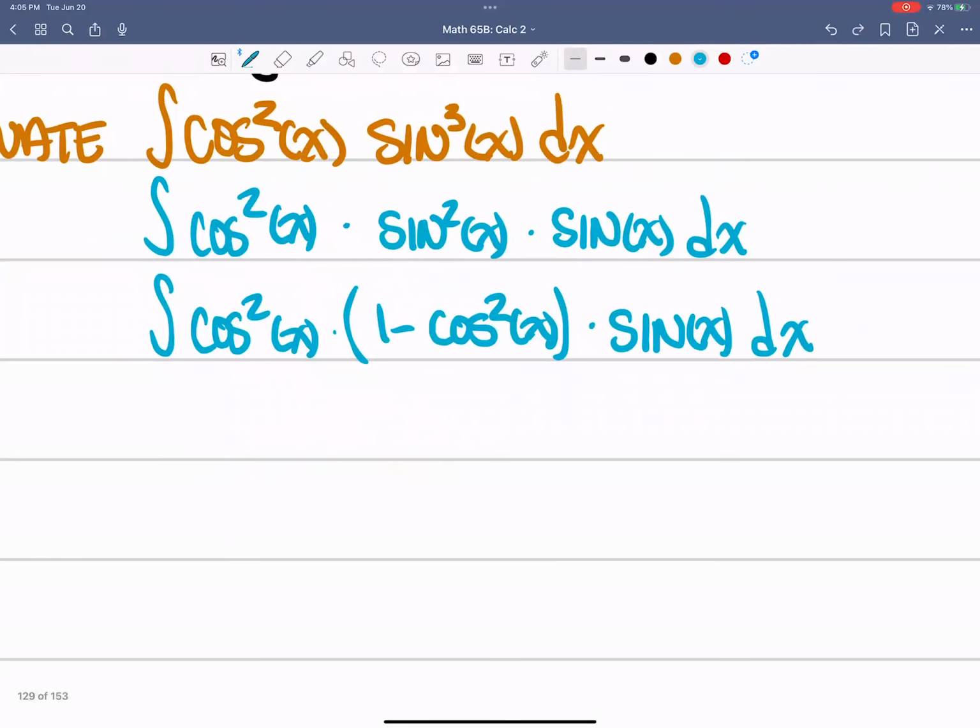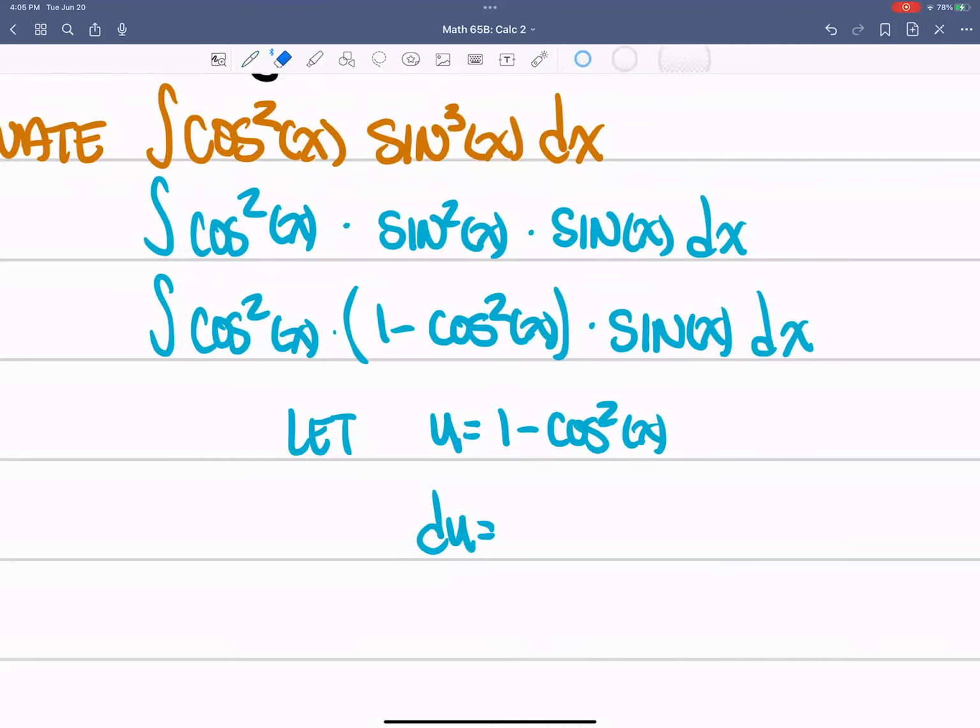So now we could let u equal 1 minus cosine squared x. So du is going to be equal to, oh, I lied. Let u equal cosine x.